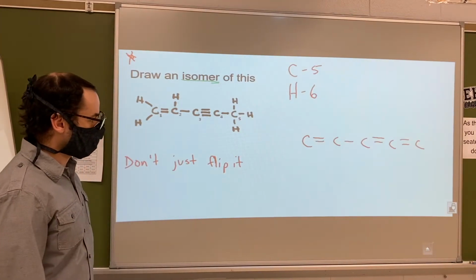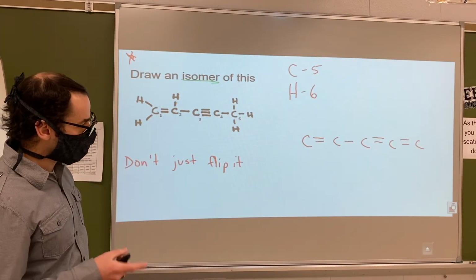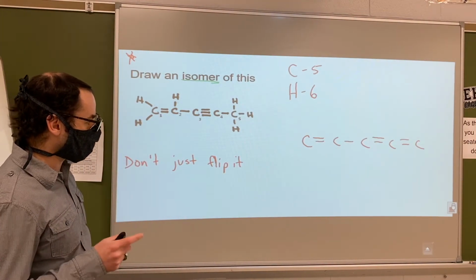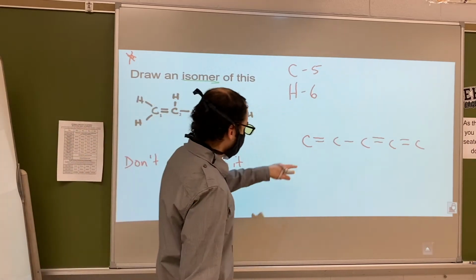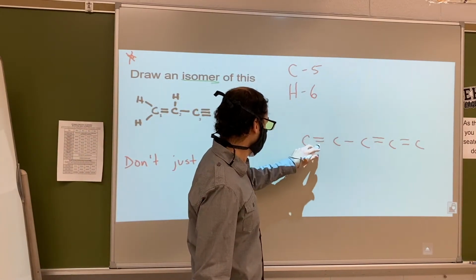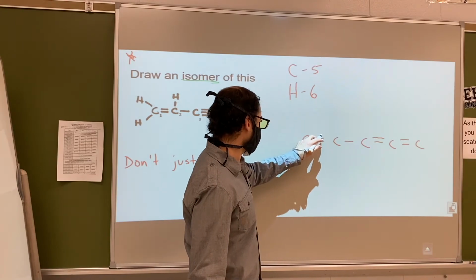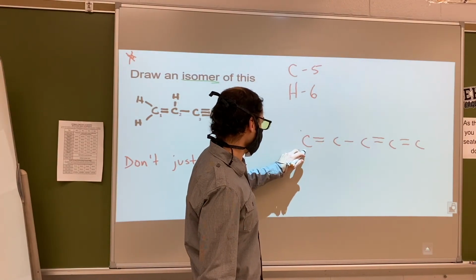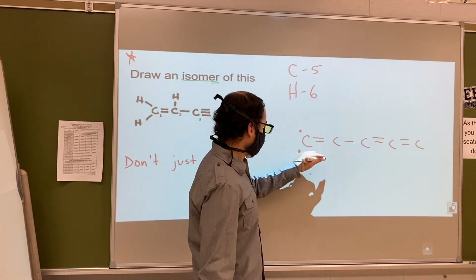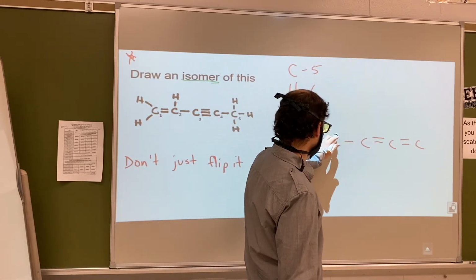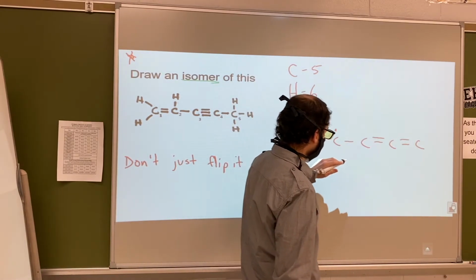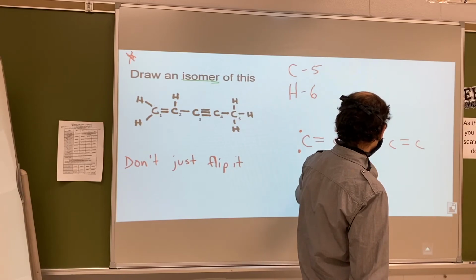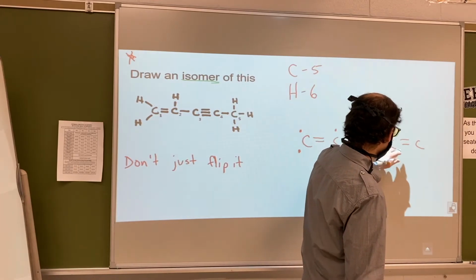All right? But I have to make sure that I only put 8 electrons around each carbon, right? So this carbon, the first one, 2 of its dots are used up here. So that means it only has 2 more dots. All right? Here, 3 of them are used in bonds, so it only has 1. This one has 3. So it has 1 more. This one doesn't have any, right?